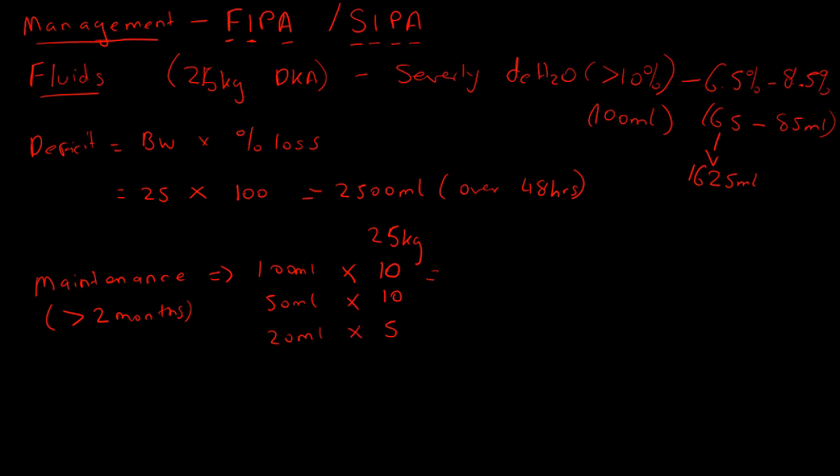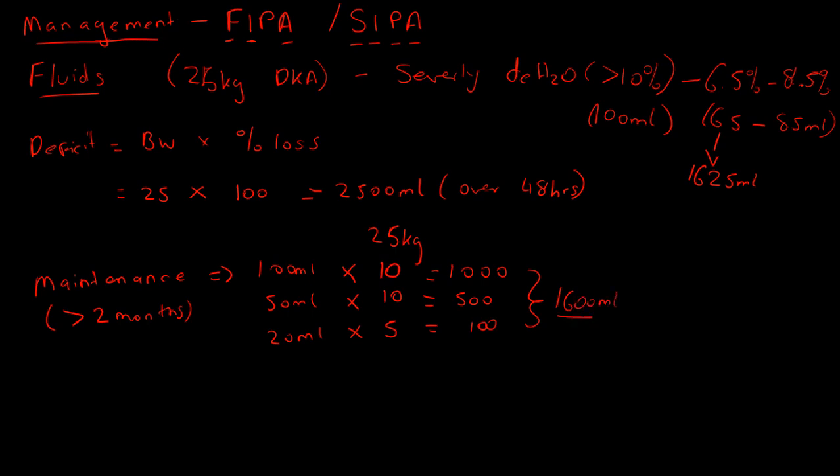If we multiply this, this will give you 1,000. This is going to be giving you 500. This is going to be giving you 100. Once you have calculated this, you have to add all of these together. So 1,000 plus 500 plus 100 is going to give us a total of 1,600 mils. This is known as the maintenance.